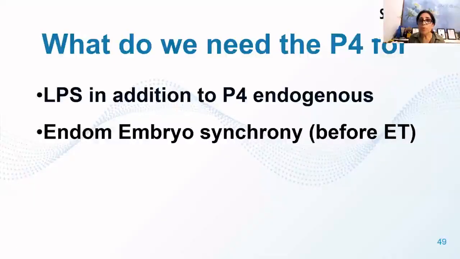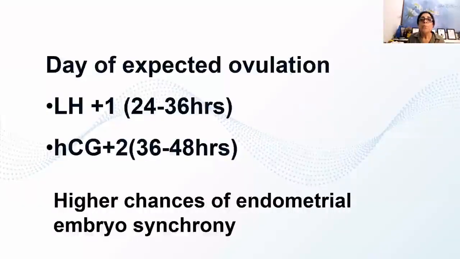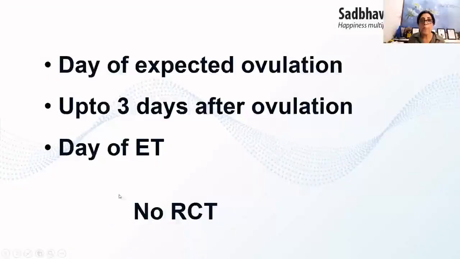So keeping these 2 things in mind, we start luteal phase support either on the day of expected ovulation, that is LH +1 or HCG +2. If we start on luteal day 1, then there are higher chances of endometrial embryo synchrony.